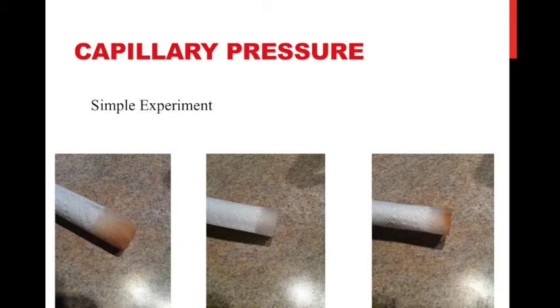And in the third picture, we took the same paper towel that was filled with vegetable oil and we tried to force the colored water to enter through it. But only a small portion went through it. This is probably the effect of capillary pressure.